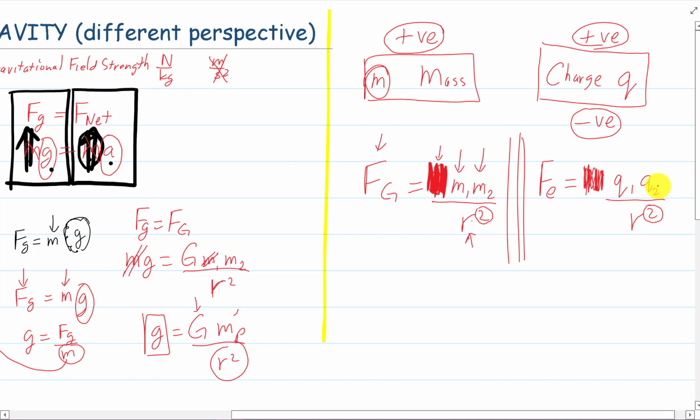These are exact equations. The formula for it actually is this. Electrostatics is k q1 q2 over r squared. And this is our introduction to Coulomb's law, our first lesson.